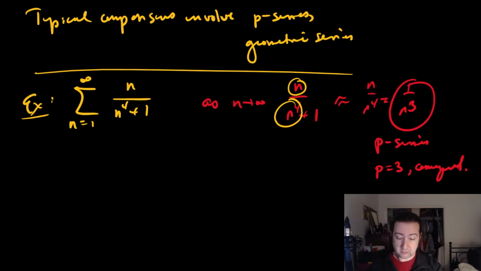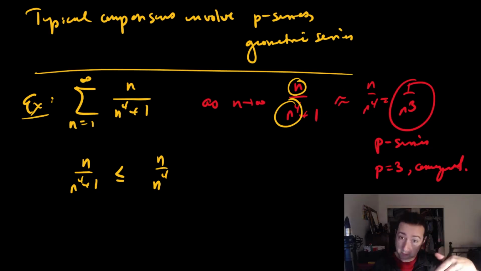So the observation that I have to make is that n over n to the fourth plus 1 is less than or equal to n over n to the fourth, because n to the fourth plus 1 is larger than n to the fourth. So throwing away the 1, I'm not really throwing it away, but I'm estimating it by saying, well, n to the fourth plus 1 is bigger than n to the fourth. And so if I take the reciprocal, I get something smaller.